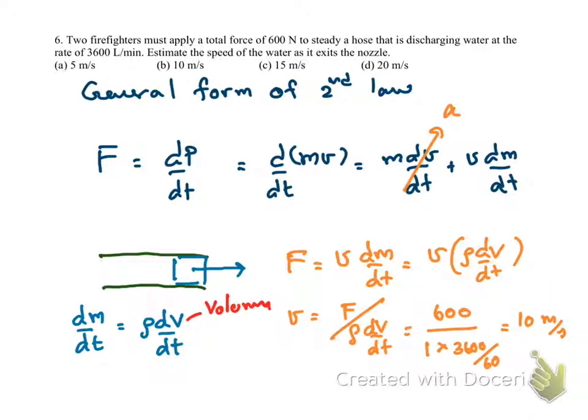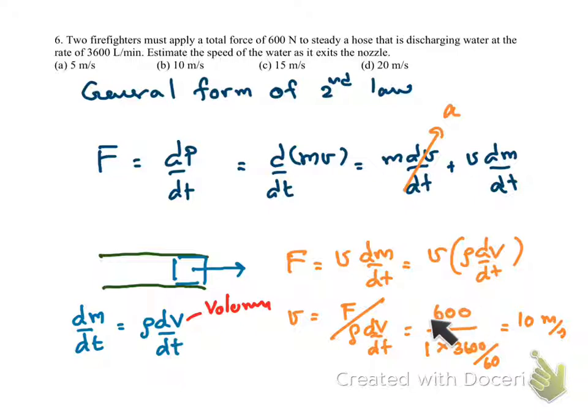So when we put dm/dt equal to rho dV/dt into this expression, we have F equal to v rho dV/dt, or rearranging for v, we have v equal to F over rho dV/dt.